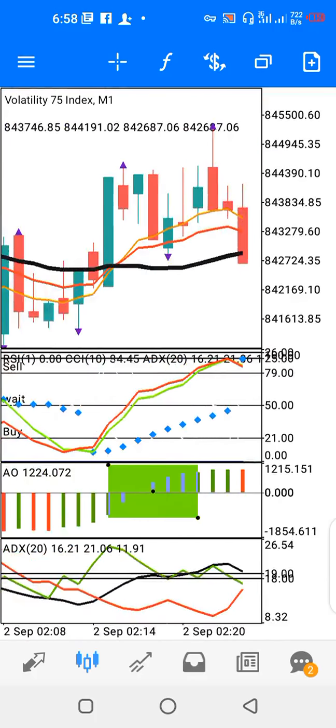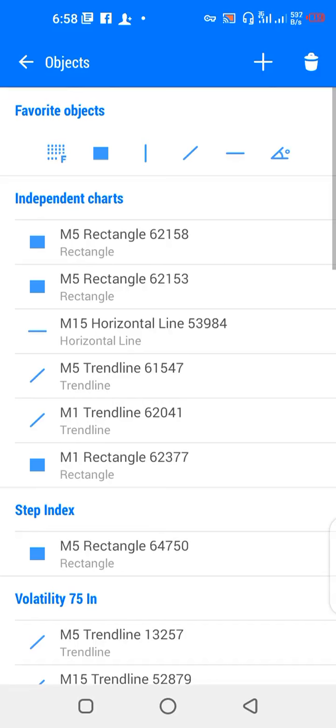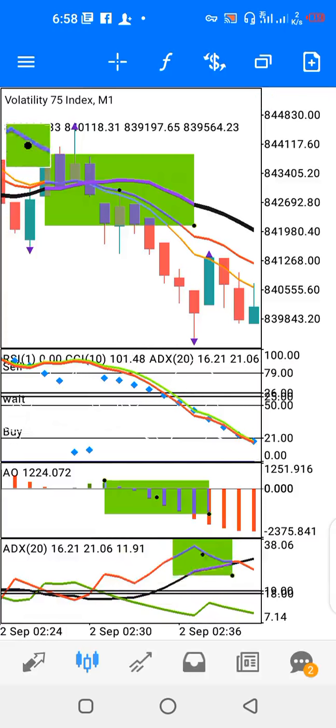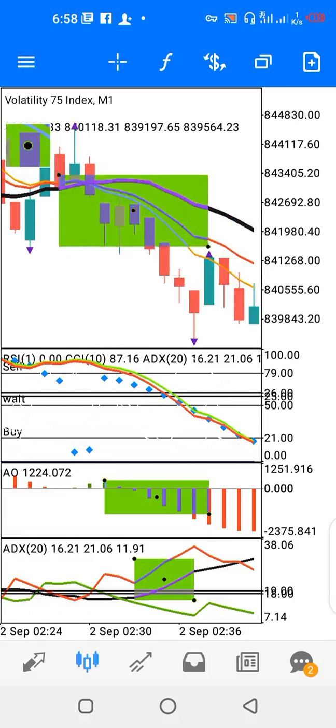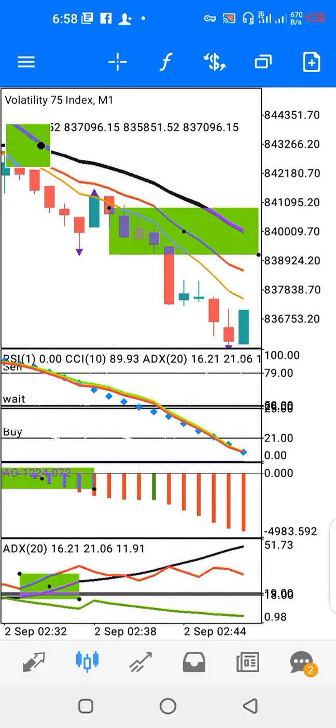Yes, this is the right signal for you to sell, where the red and the black cross above the 18, 19 ADX level. Price is going down and continues to go down. As it does, the red and the black line continue to float above the 18, 19 ADX level.